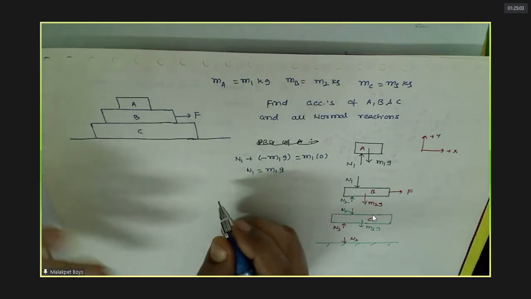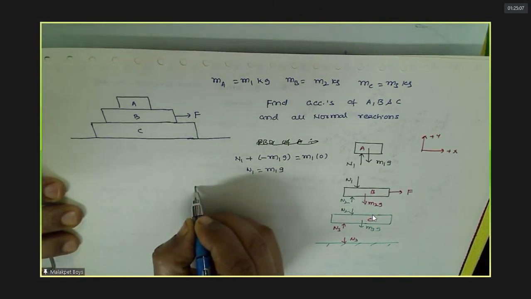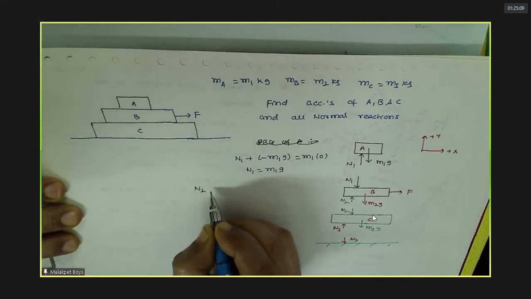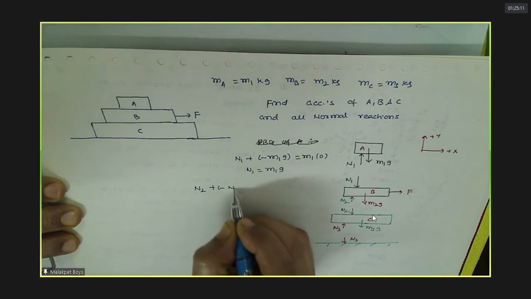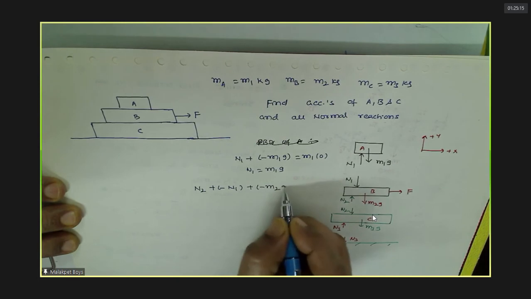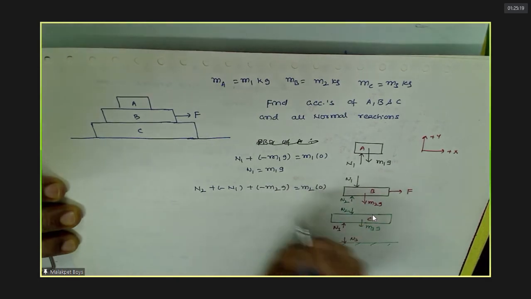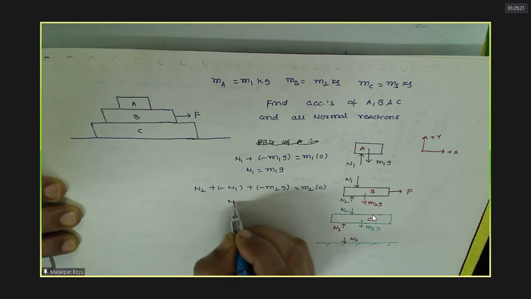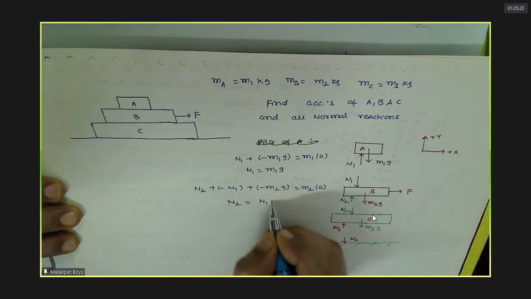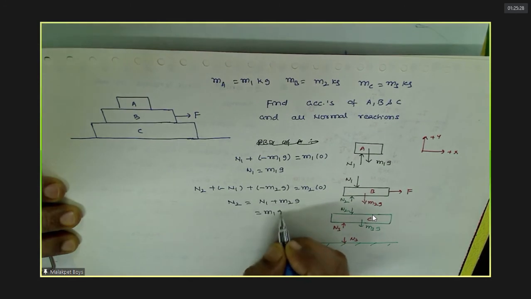Now you can see that for B, N2 minus N1 minus M2G, there is no force in the x direction. So you have N2 equals N1 plus M2G. N1 is again M1G now.